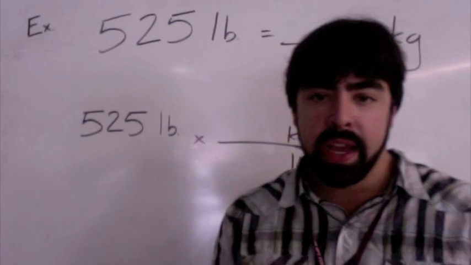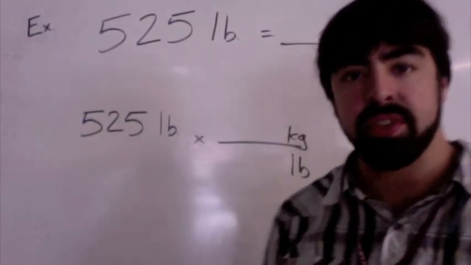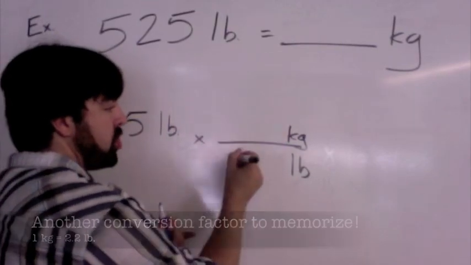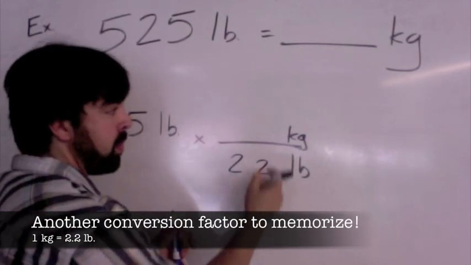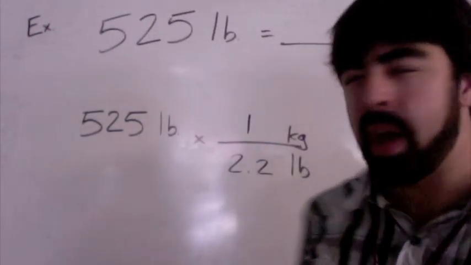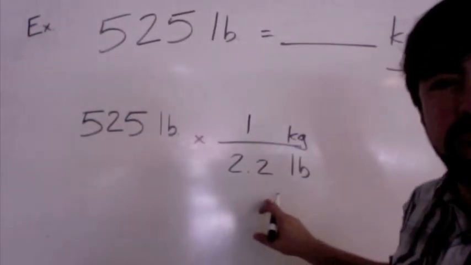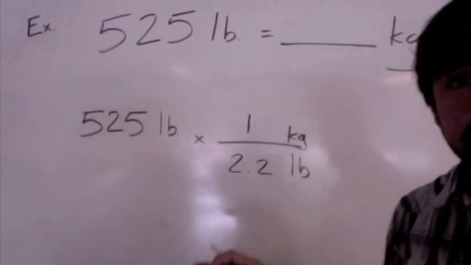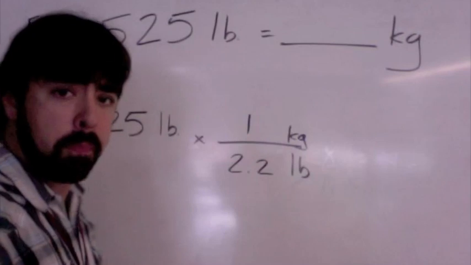And interestingly, there's actually 2.2 pounds per every 1 kilogram. Now I've suddenly put a number on the bottom. That's different. That's not what we're doing. Can I still do this? Yeah, it's still going to work out mathematically, and you'll see.